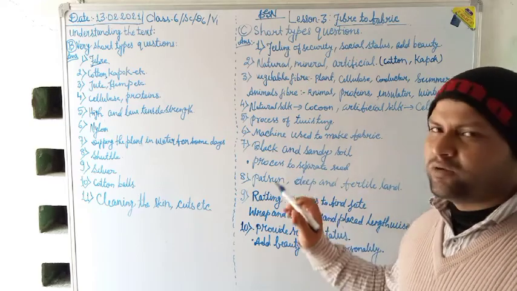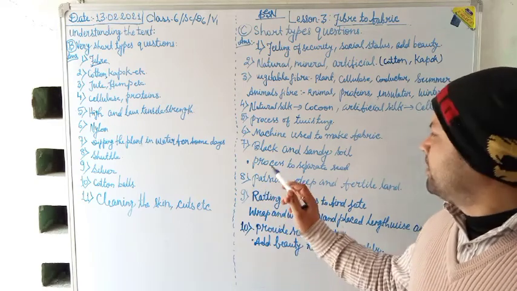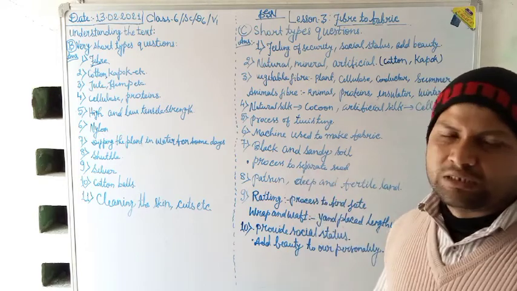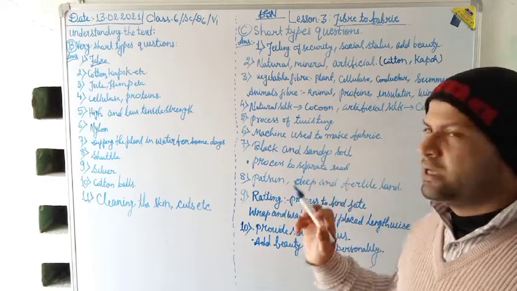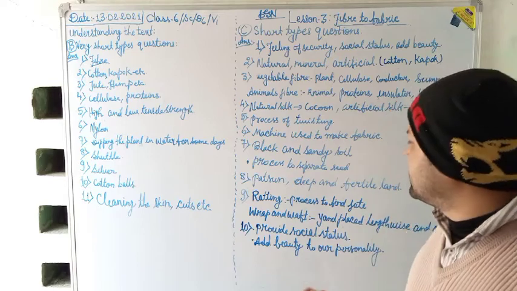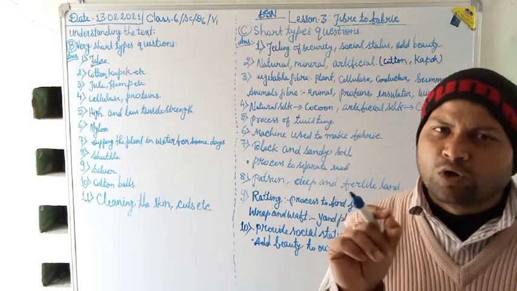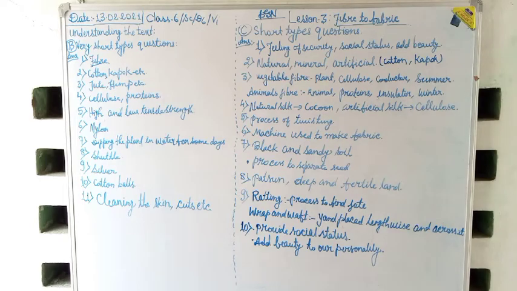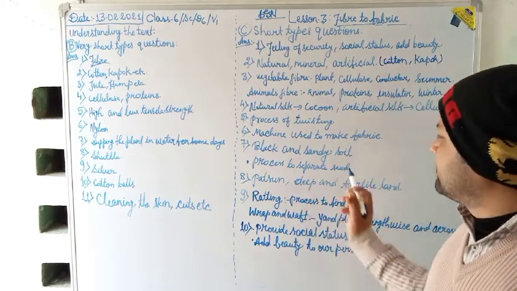The land required for the cultivation of cotton is of the type which has black and sandy soil. So black land having black and sandy soil is required for the cultivation of cotton, and the process of separation of seeds from the fibers is called ginning, and the process to make cotton fiber straight is called carding. So this is question 7.